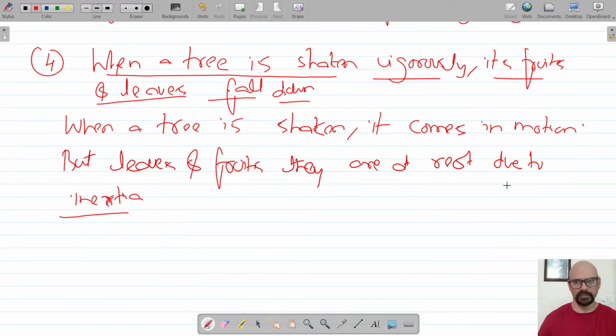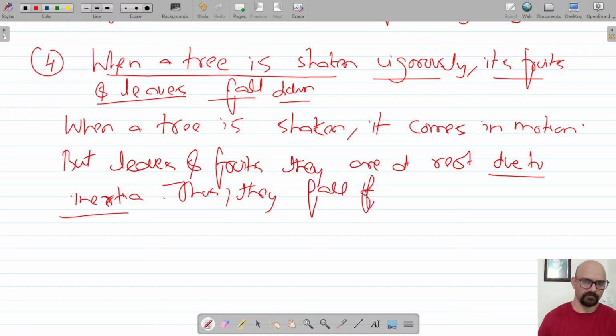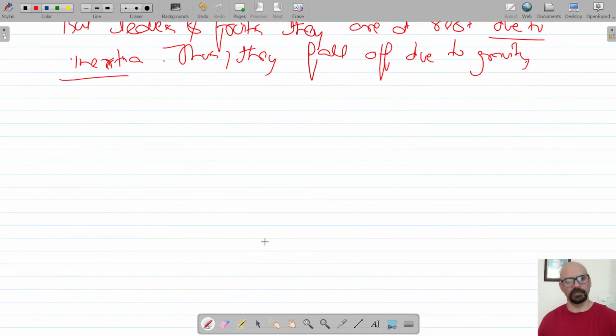Make sure to mention due to inertia in the answer, and thus they fall off, fall down to the ground. The reason here is due to gravity. So we can explain this.